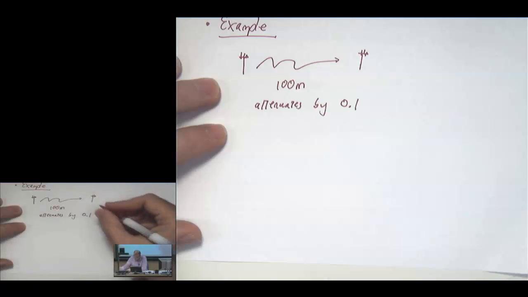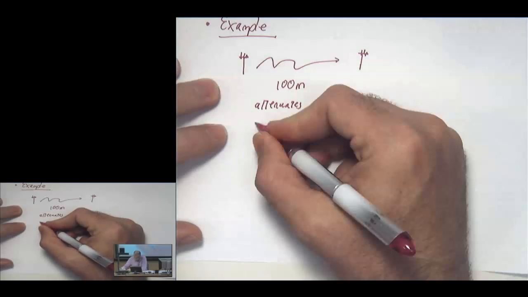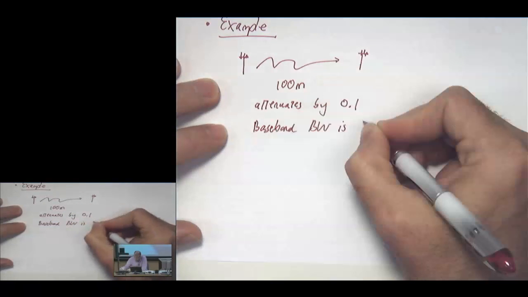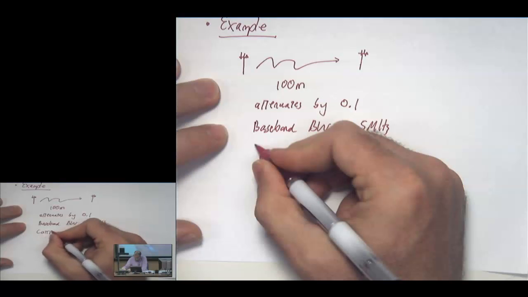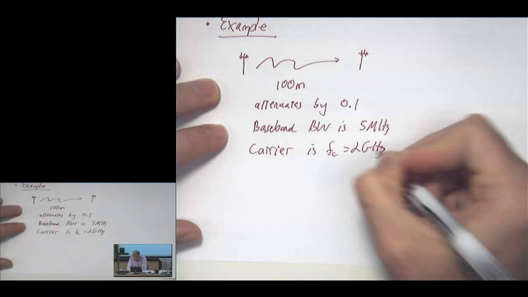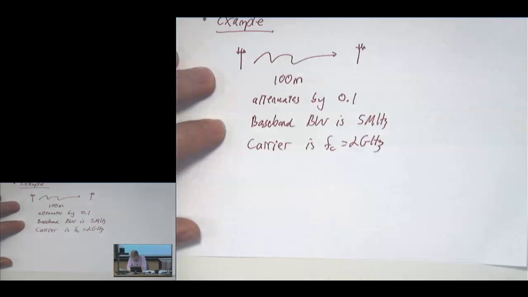And then we also have the baseband bandwidth, which is 5 megahertz, and the carrier is 2 gigahertz. The numbers are all chosen for simplicity of doing the calculation, but relatively realistic.